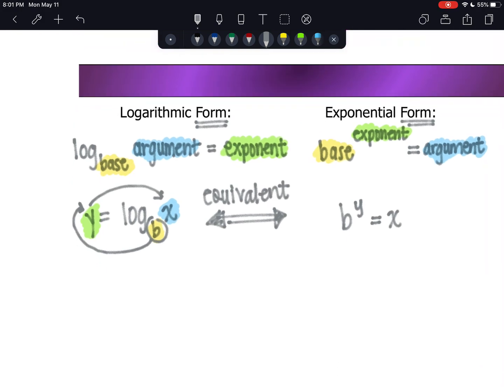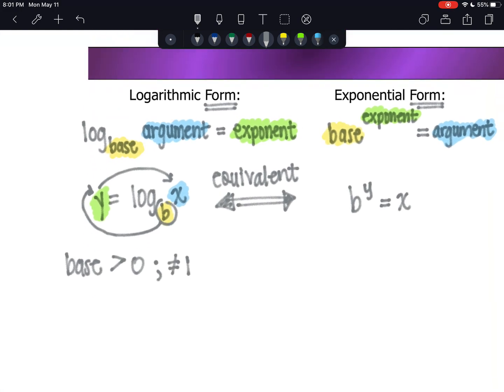Now it's important to note that the base cannot be negative and it cannot be 1. So it's got to be greater than 0. That's going to keep it positive, but it cannot equal 1. So the base is positive, but not 1.